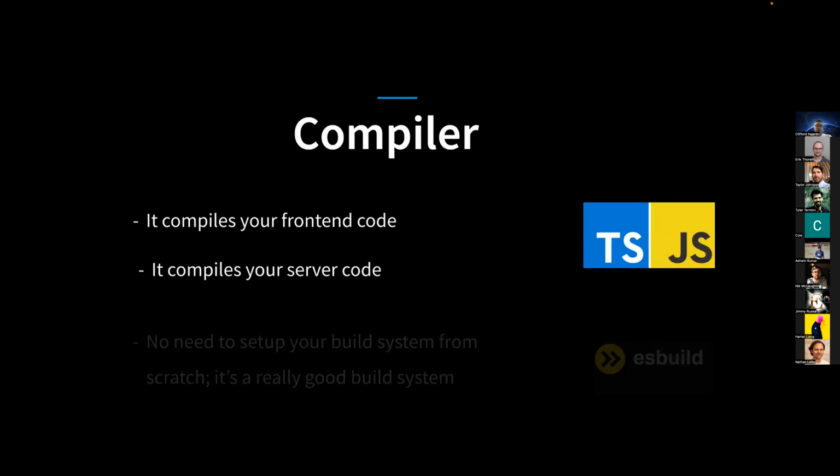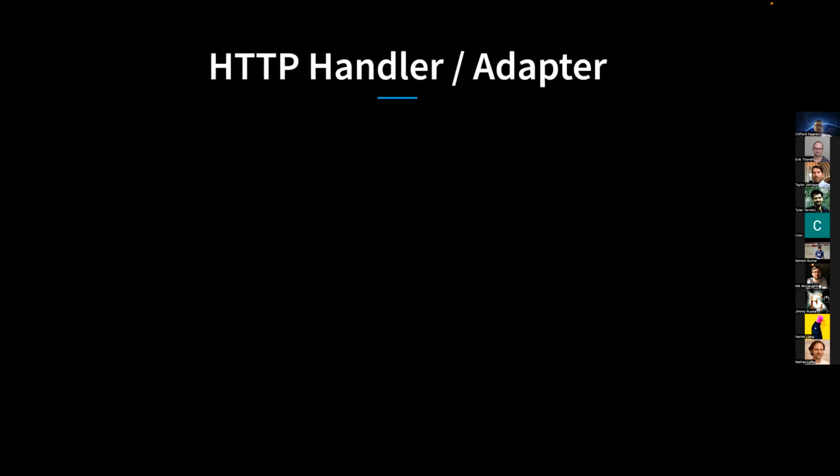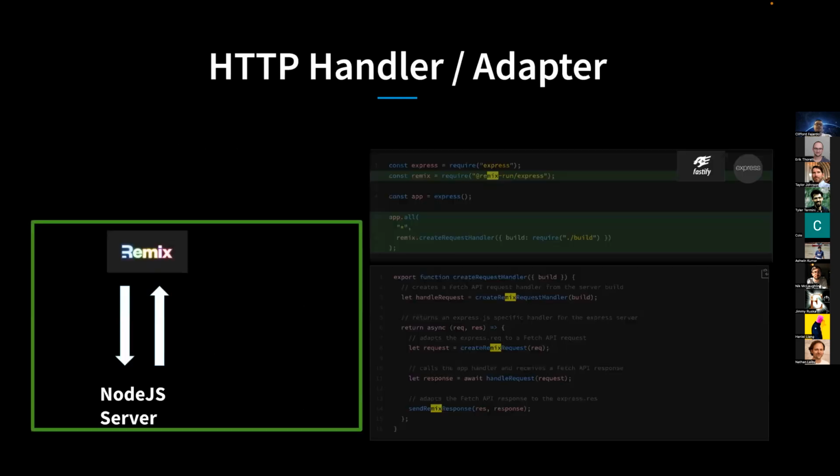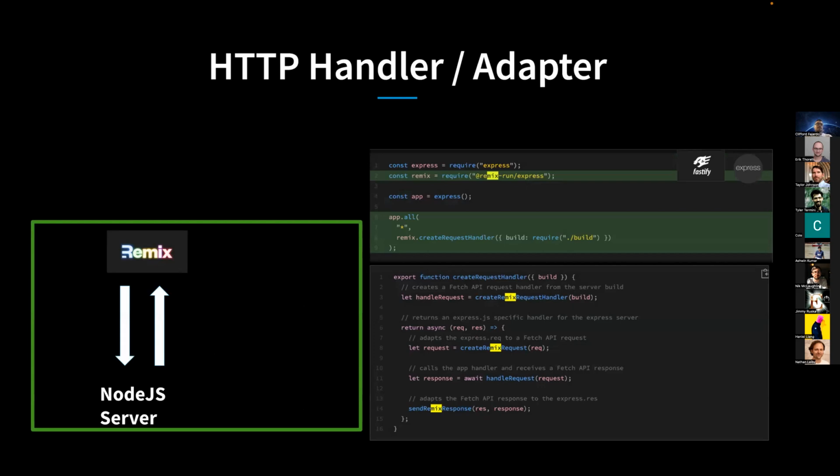So I mentioned the compiler aspect of Remix. When I say HTTP handler, this is just taking the magic away from Remix. Under the hood, by default, Remix is running an Express server.